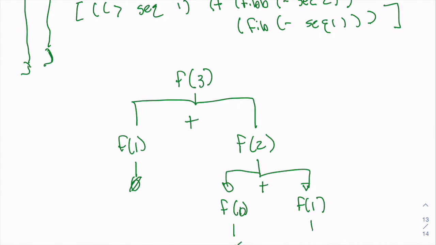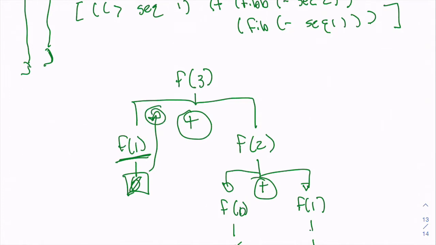That's 0 and that's 1. So the problem with this approach is that this plus requires us to remember things, right? We have to compute this f of 1, that's 0, and store it here in the expression. Then we have to hold that in memory on the stack until we compute this branch.